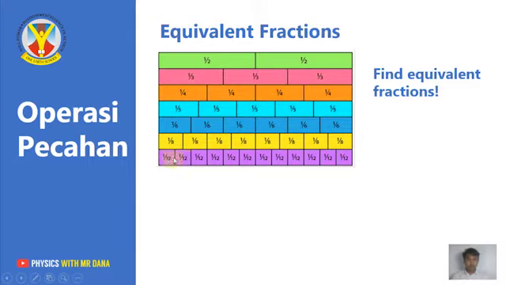So how many? 1, 2, 3, 4, 5, 6. So 6/12. In conclusion, we can say that 1/2 is equivalent to 2/4, 3/6, 4/8, and 6/12. So you can find any other equivalent fraction easily by using this picture.